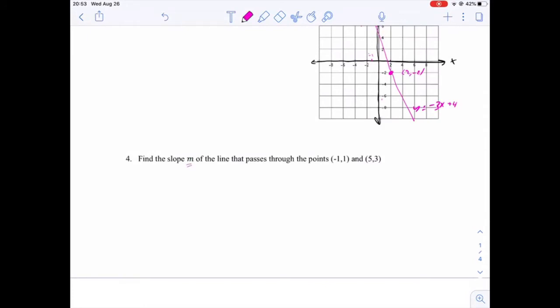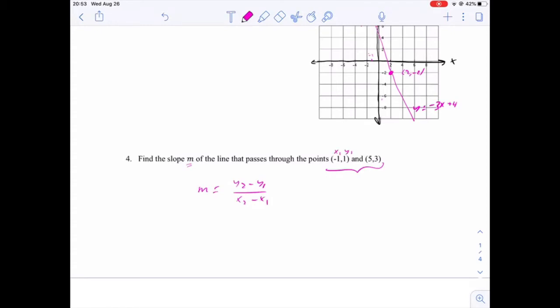Now we want to find the slope m of the line that passes through the points (-1, 1) and (5, 3). So in order to find the slope, we apply the basic formula for the slope, y2 minus y1 over x2 minus x1. Now we need 2 points, x1, y1 and x2, y2.